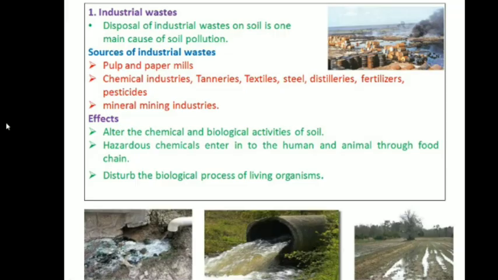Here in the case of soil pollution, dumping of industrial waste into the soil leads to soil pollution. Pulp and paper industries, tanneries, and textile industries, when they discharge the wastewater into nearby land areas, into the soil, will lead to this soil pollution.